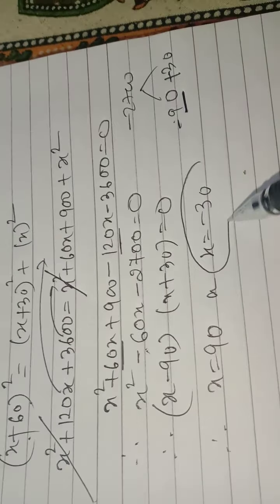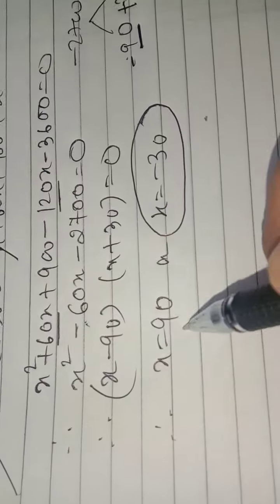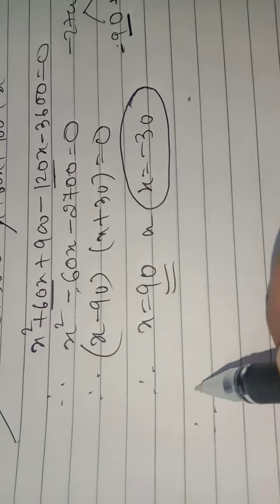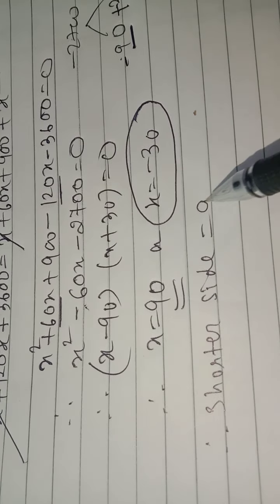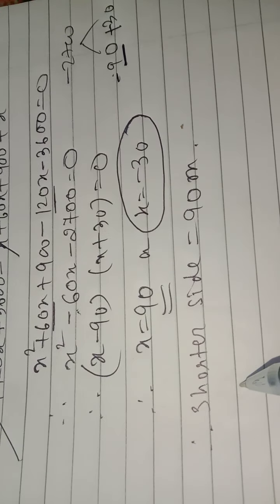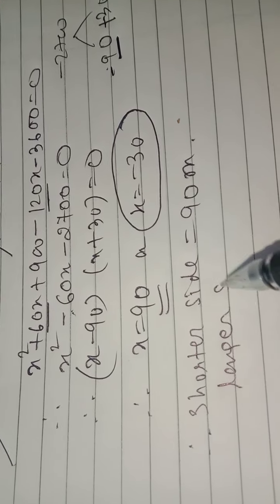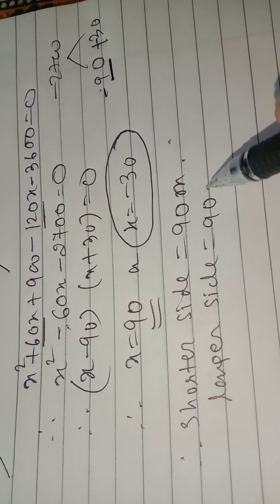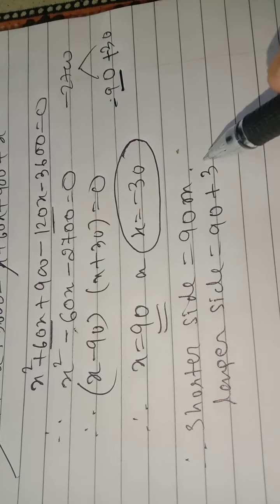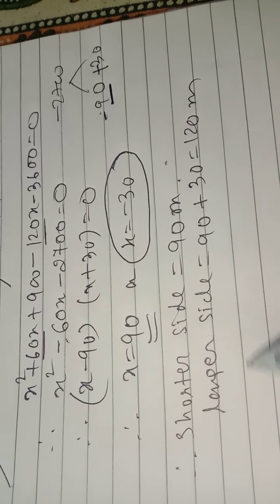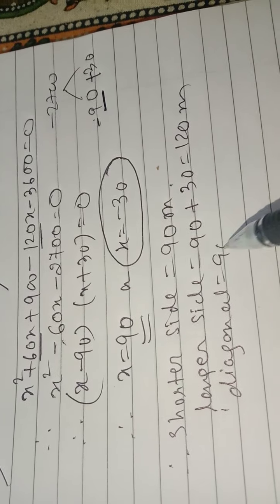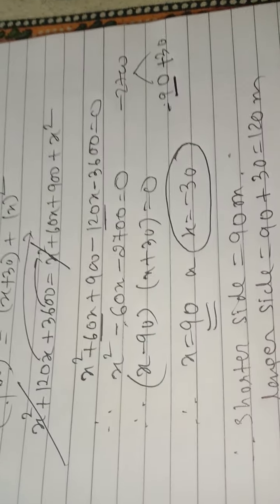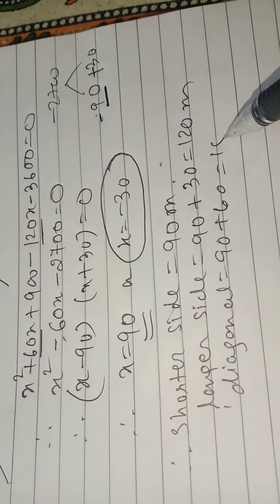So a side can never be a negative number, so we have to consider 90. So we have the shorter side equal to 90 meters. The longer side will be 90 plus 30, it is 120 meters, and the diagonal will be 90 plus 60, equal to 150 meters.